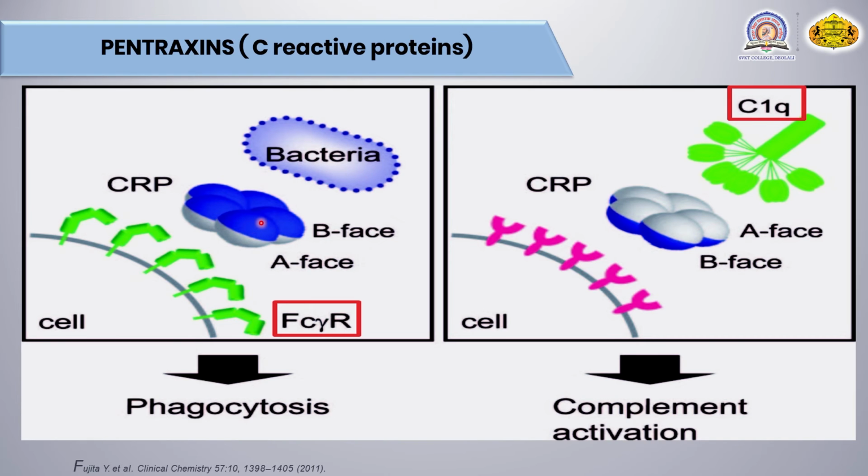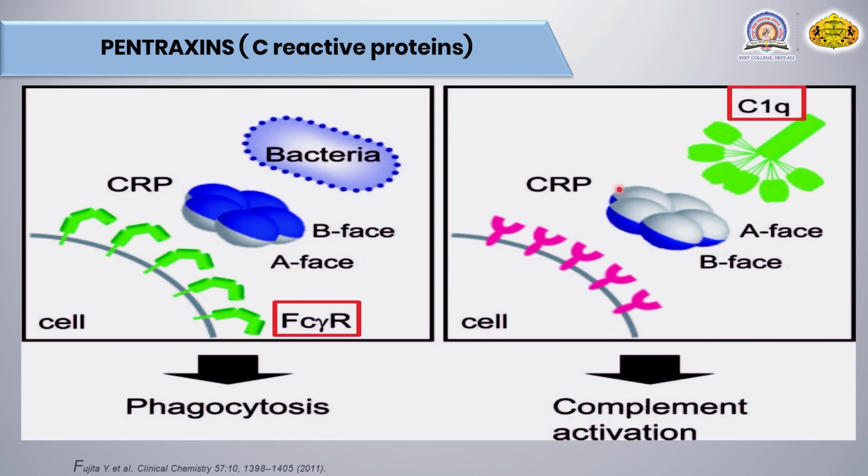This is the B face and this is the A face of this pentraxin, and this is the cell surface of that immunological cell. On that, these pentraxin receptors are present. So they specifically bind to it, and this interaction itself triggers the process of the phagocytosis mechanism in that phagocytic cell.